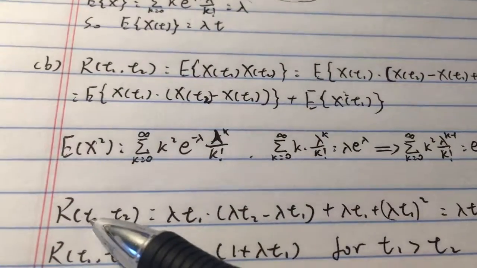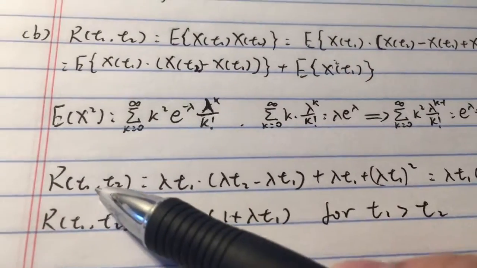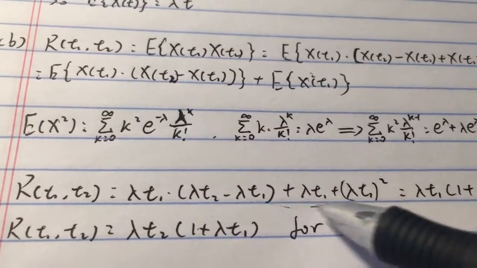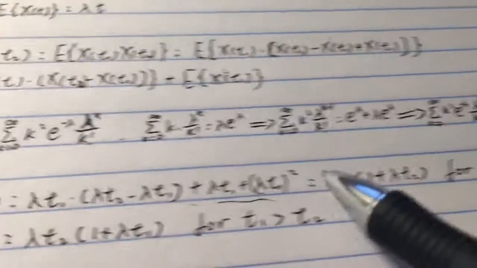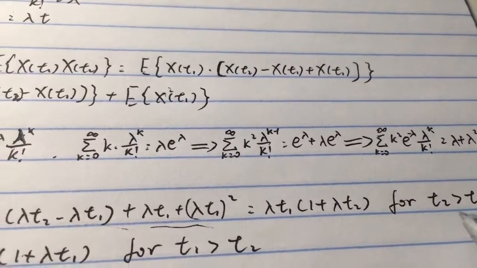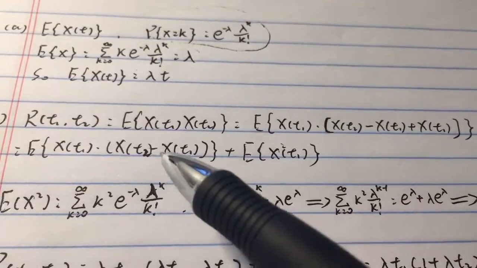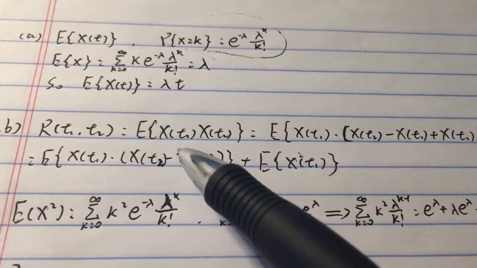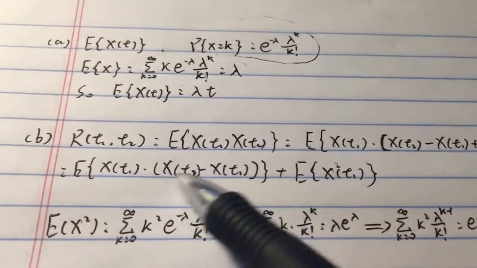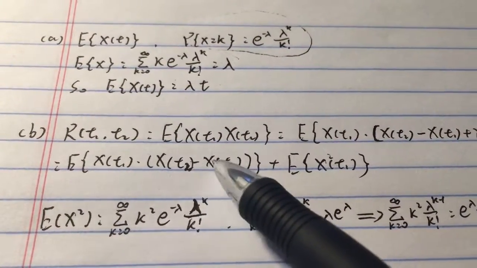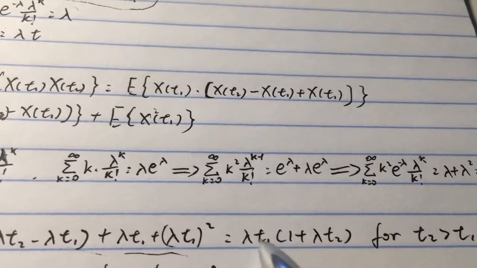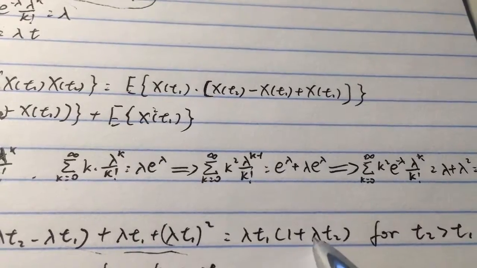So we got the autocorrelation like this, but this result is only for when t2 is larger than t1, because we have assumed that t2 is larger than t1. So in this form, the increment is xt2 minus xt1. In this condition, the result should be lambda t1 multiplied by (1 plus lambda t2).